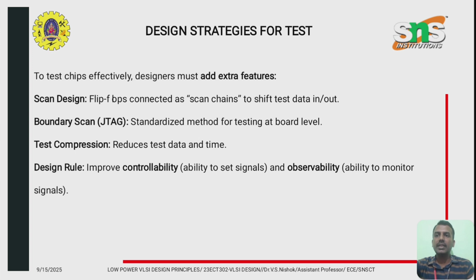Then boundary scan, using the JTAG cable, we connect the system with the kit and check the circuit. And test compression reduces the test data and time. And design rule tells about controllability and observability.